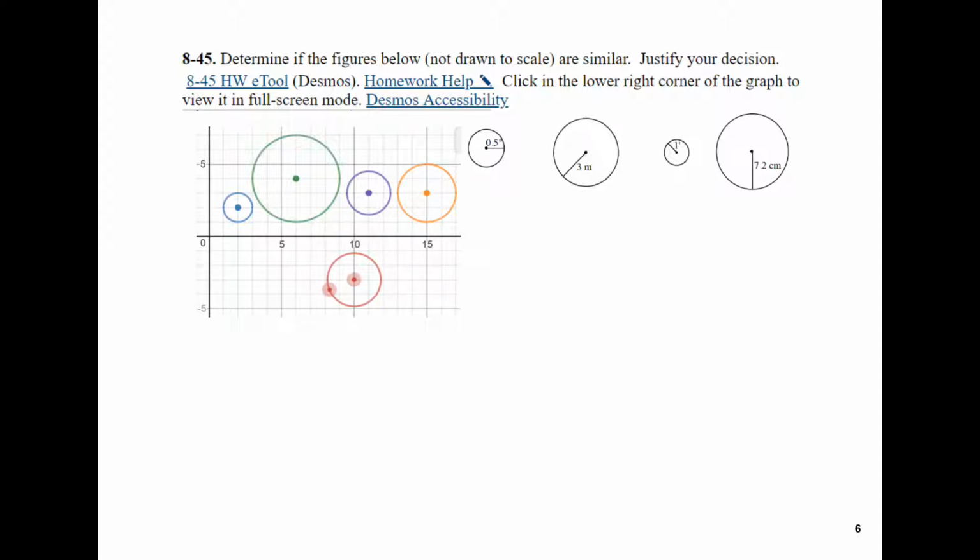And you will notice that by transforming, the similarity of the circles are all the same, so all the circles are in fact similar. And you may remember from earlier this year in problem 3-55 that all circles are always similar.